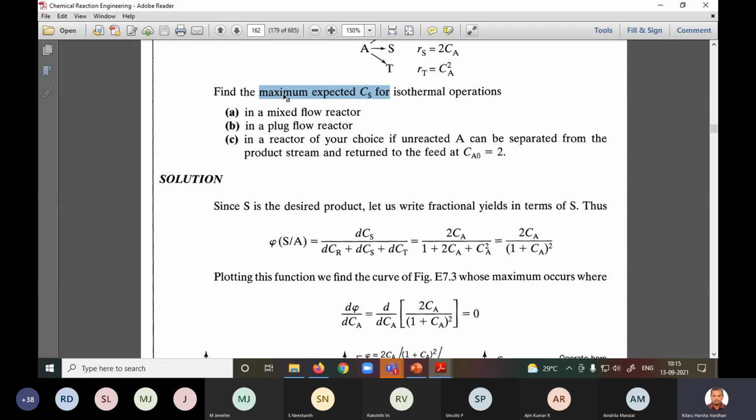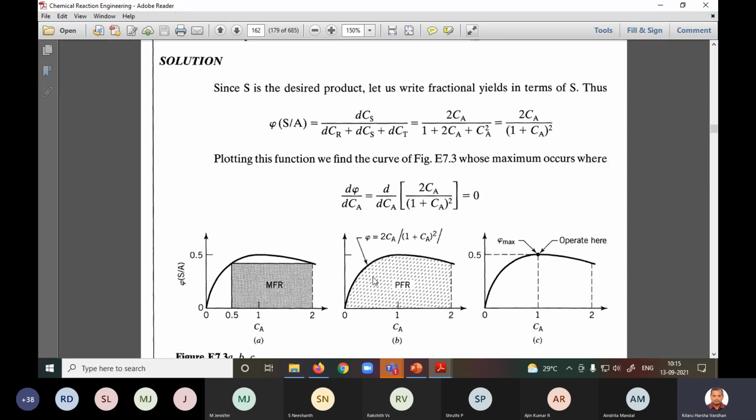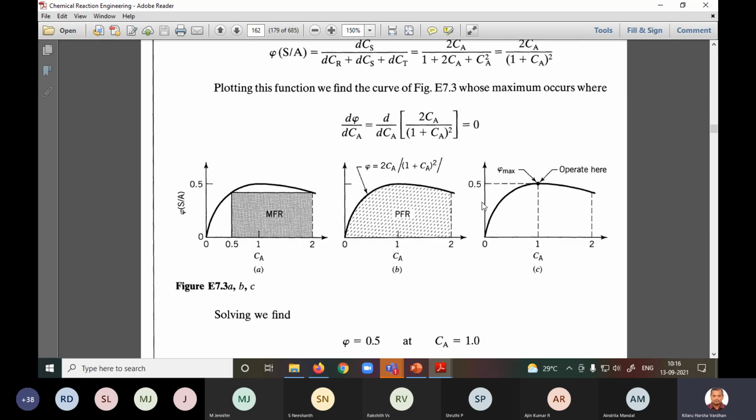For this we need to maximize. So the maximum will happen somewhere. You need to find that concentration. How to find it? Differentiate this with respect to Ca and set it equal to 0. So that is what I am doing. dphi by dCa, that is the differentiation of 2Ca by 1 plus Ca whole square, equals 0.